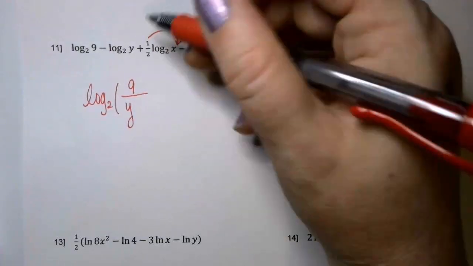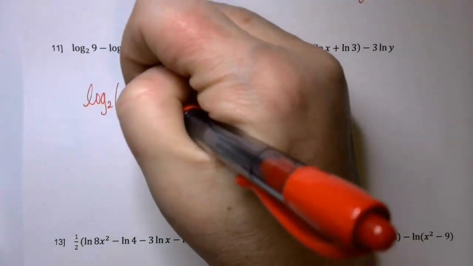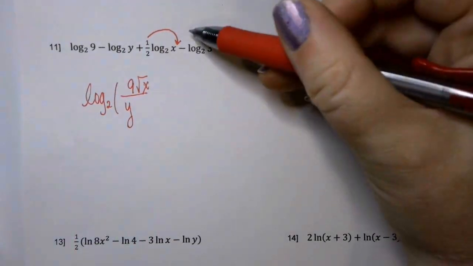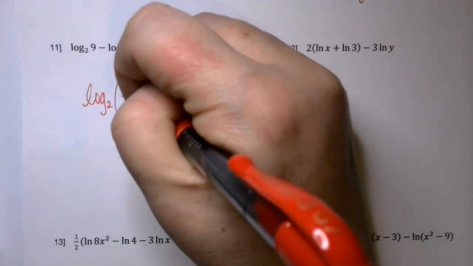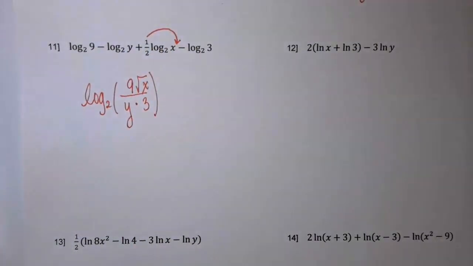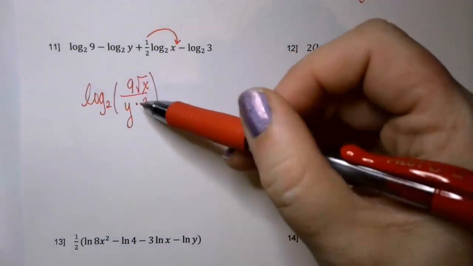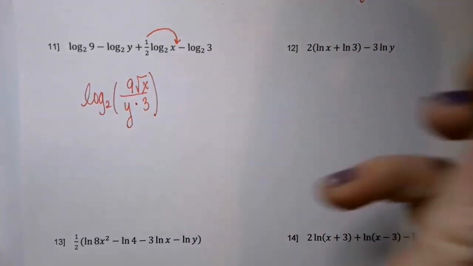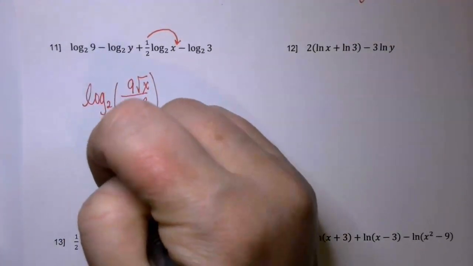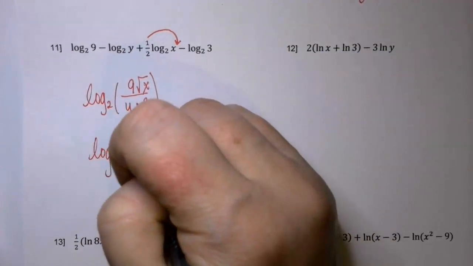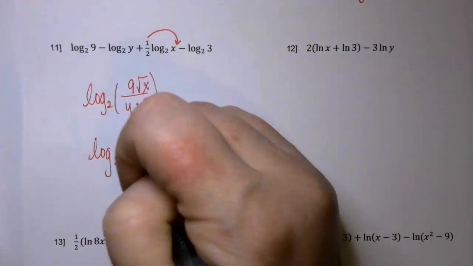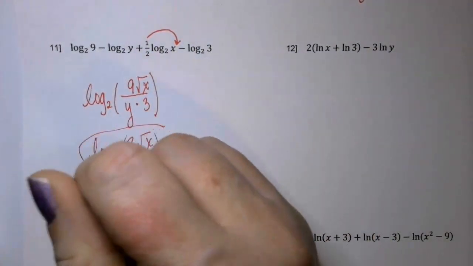Since that's a positive, we're going to put that square root of x in the numerator. And then we've got a minus log base 2 of 3, which puts the 3 in the denominator. Then we can simplify. 9 divided by 3 leaves a 3 in the numerator.